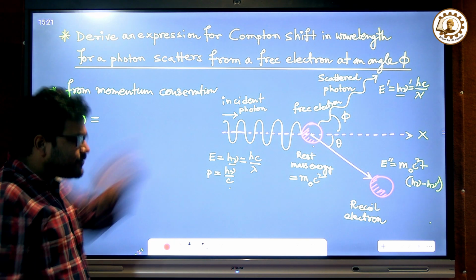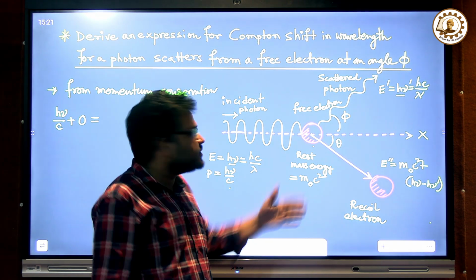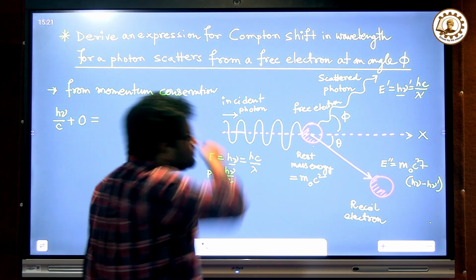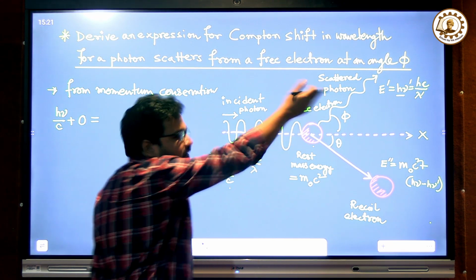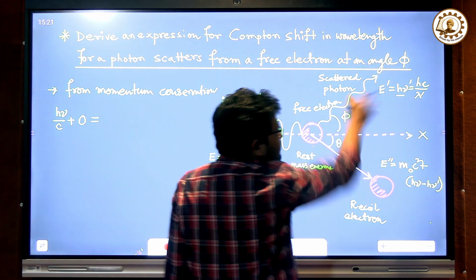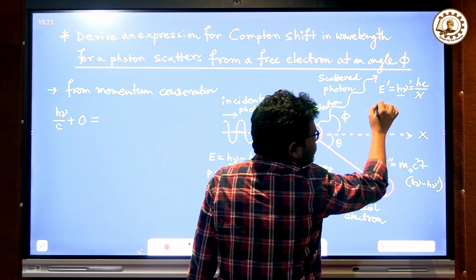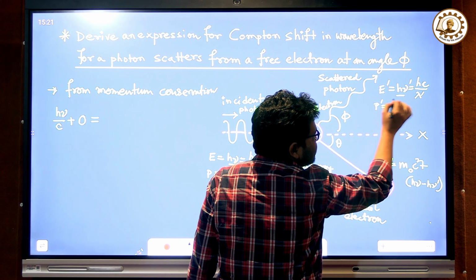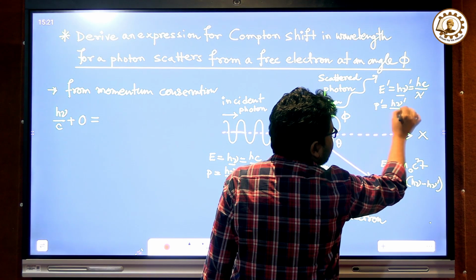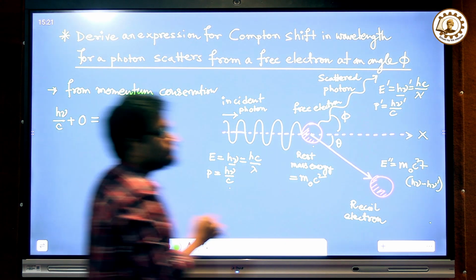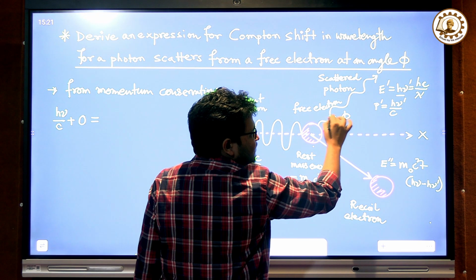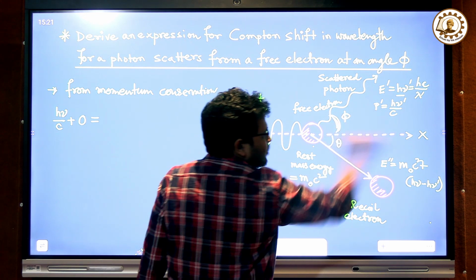equals to after collision. Since we are talking about the momentum components along the horizontal axis, we have to split the momentum of this scattered photon along the x direction and y direction. Say its momentum is p prime, that is h nu prime by c, and this momentum makes an angle phi with the horizontal axis.